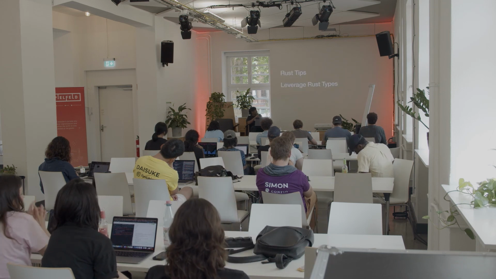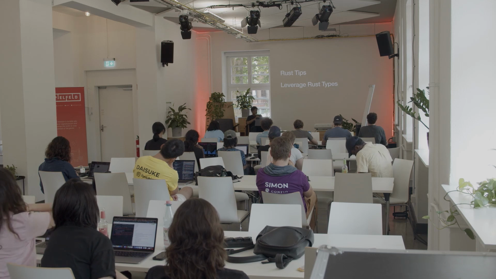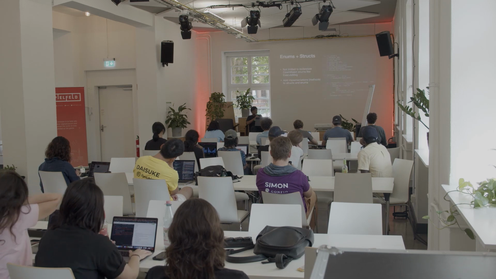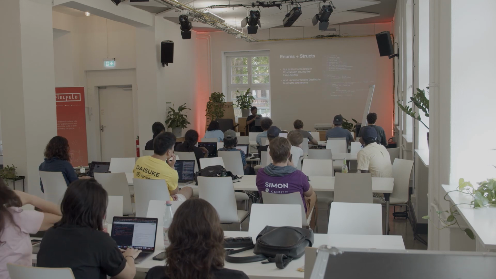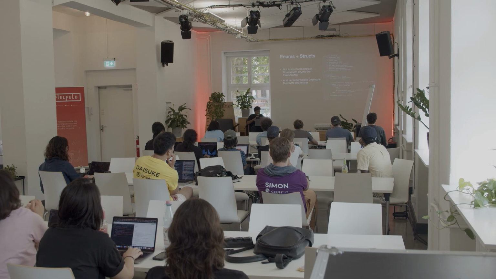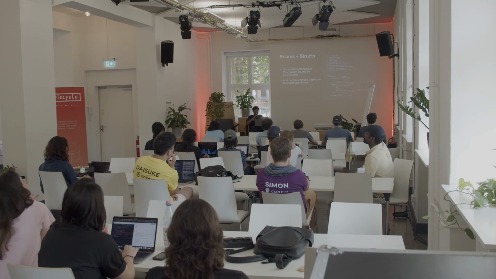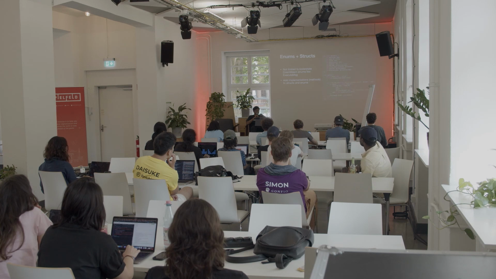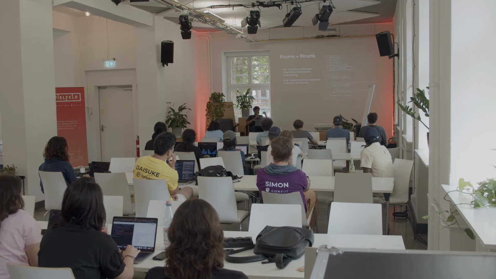All right, so just some basic Rust tips. If you're new to Rust, this might be useful. I talked to a lot of devs who are coming from TypeScript, from Python, from other languages, and they start writing Rust like what they're used to, instead of really learning what's nice about Rust.